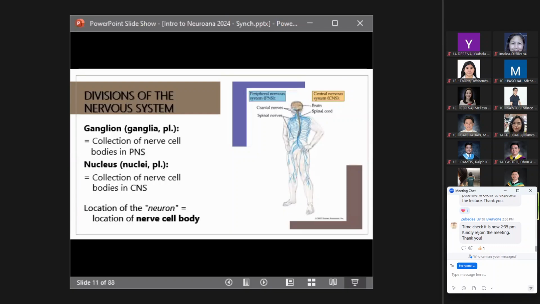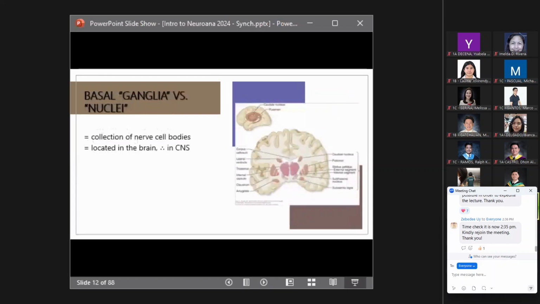Even though technically the neuron is the whole extent of its parts, from the tip of a dendrite down to the tip of the axon, so that's the whole neuron, when we ask regarding the location of the neuron, what we actually refer to is the location of the nerve cell body. Okay, just remember that.